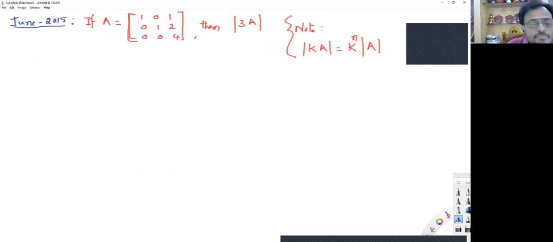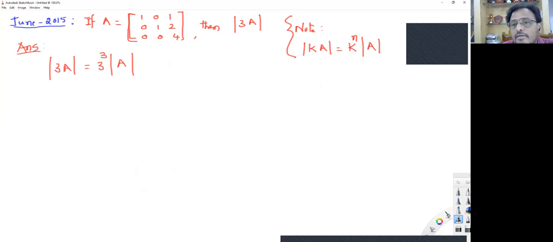Now here we have to find determinant of 3A. Determinant of 3A means 3 to the power of the order of A, times determinant of A. What is the order here? 3. Therefore you have to write this power compulsorily.